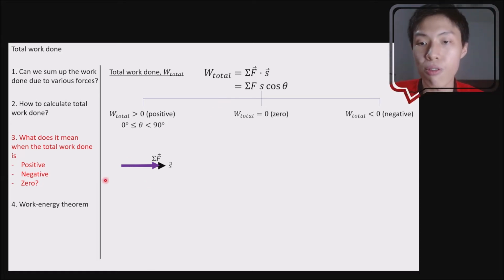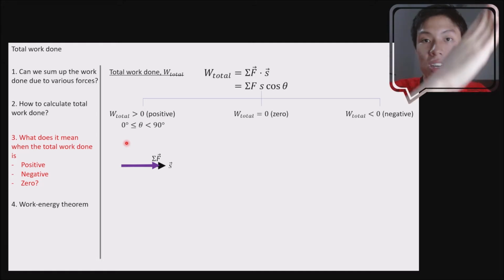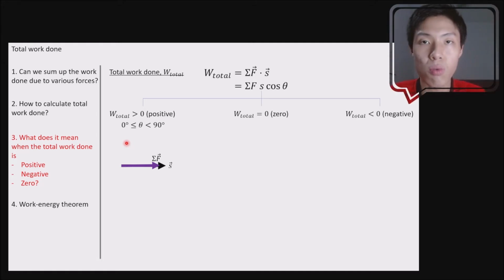If you have your net force pointing at an angle, then you have a net force in the direction perpendicular to the displacement. Then this will cause acceleration in the perpendicular direction, causing the object to move in a curved path. But in our syllabus, we always restrict ourselves to straight line motion. So a net force is always aligned with the displacement. It's either in the direction of displacement or opposite the direction of displacement. So this is what you usually see if our total work done is positive.